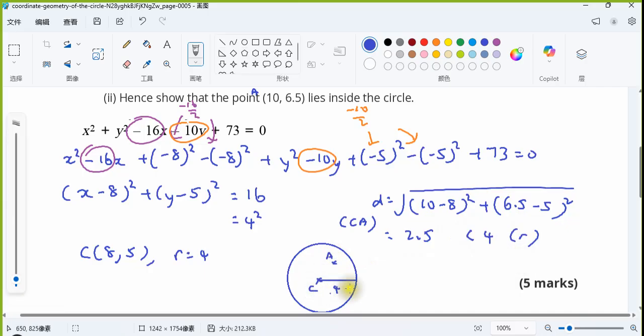So therefore this point (10, 6.5) is within the circle.